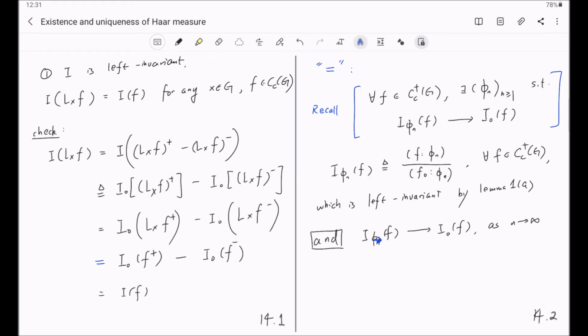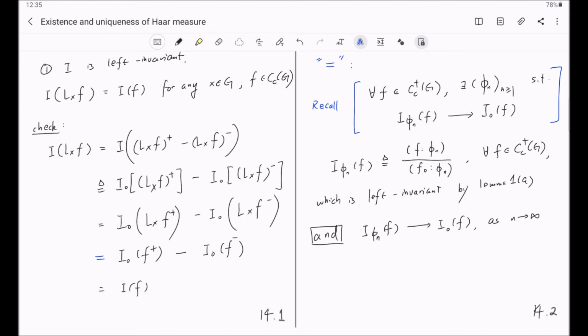So the left invariance of I sub phi(n) will imply the left invariance of I0. Here I know I should use a different notation on the right hand side. Maybe I shouldn't use f, because I have already used f for any general function on CCG, which may be positive or negative. But the f on the right hand side is always positive.